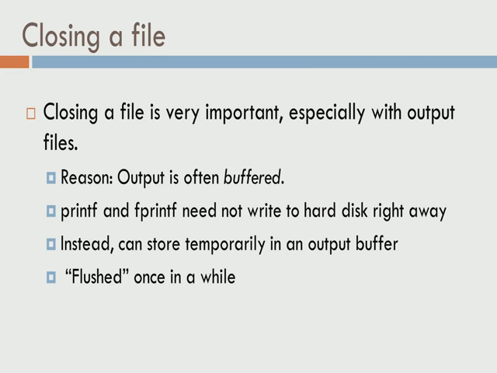So what we mean by that is, let's say I want to printf to a screen. It may not appear on the screen immediately, right? So what can happen is, whatever is supposed to be written could get written to the buffer, and eventually the buffer gets flushed to the actual device. So the flushing could be to the hard disk, the flushing could be to your monitor, and so on.